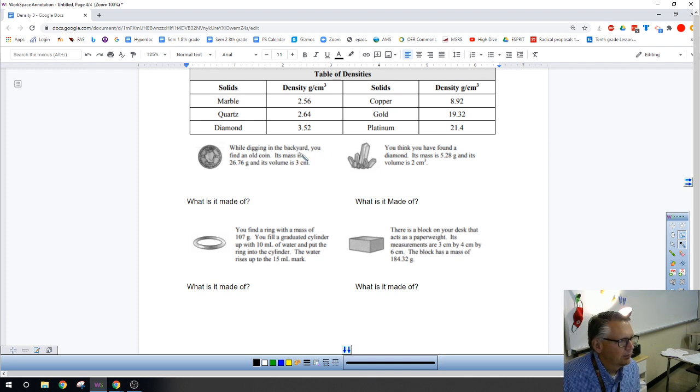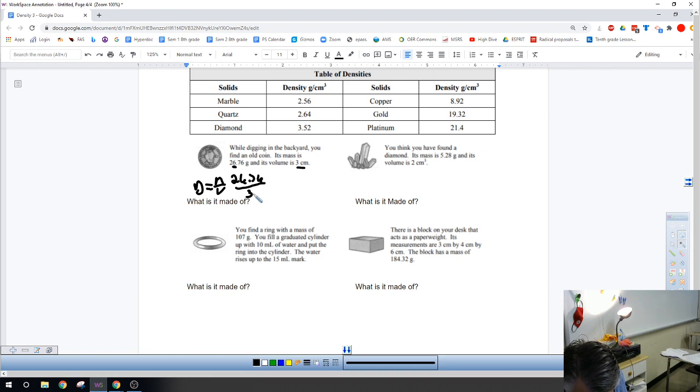Okay, while digging in the backyard, you find an old gold coin with a mass of 26.76 and a volume of 3. What is it made out of? Well, density is equal to mass divided by volume, 26.76 divided by 3.